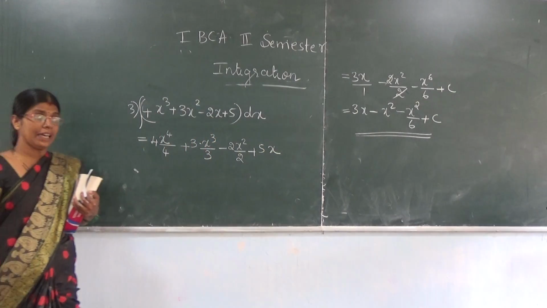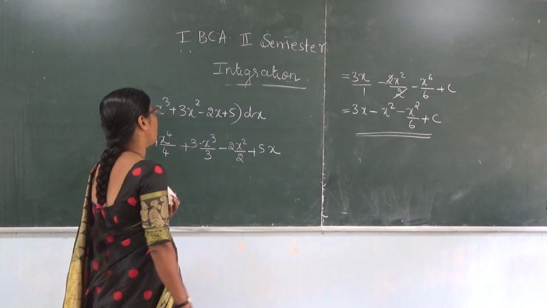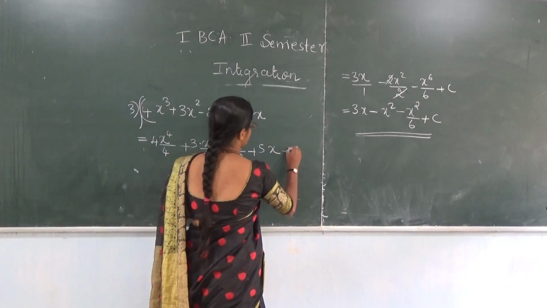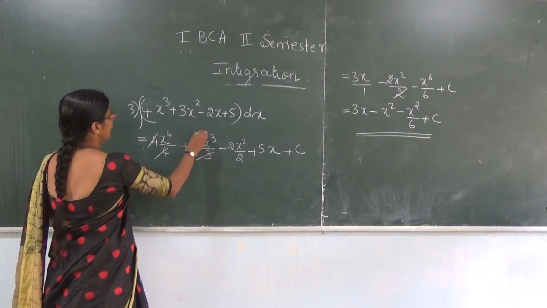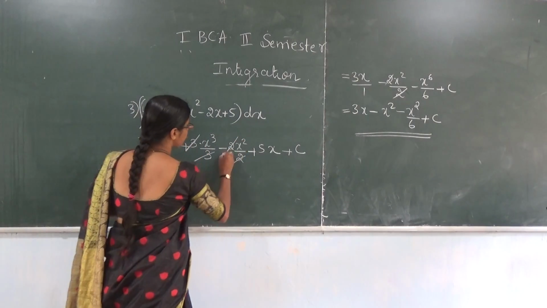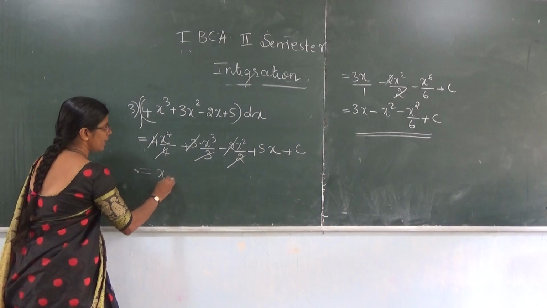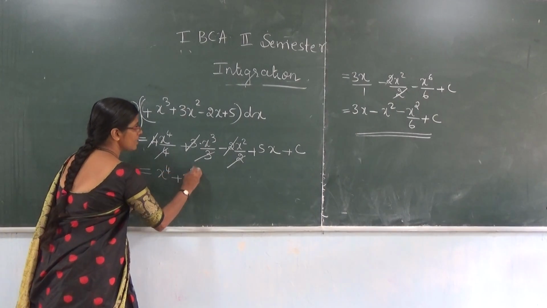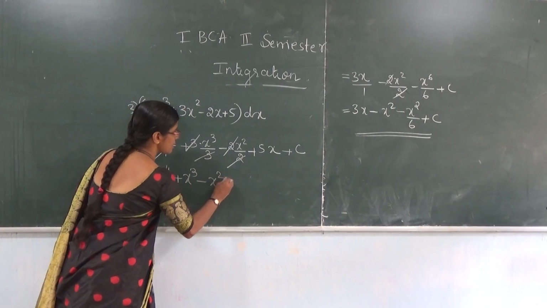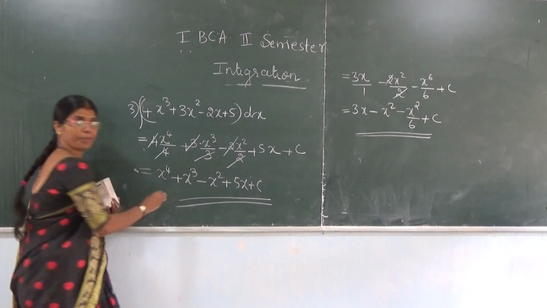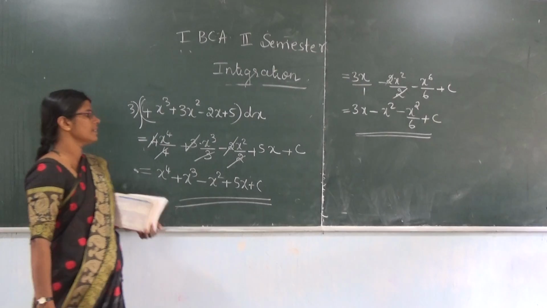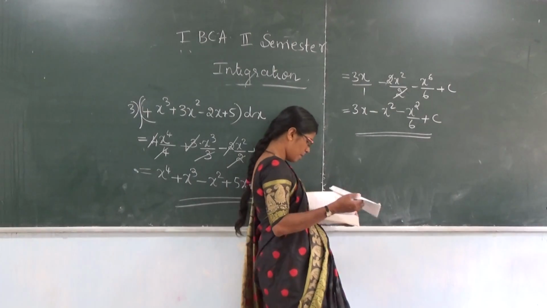There is no x means x to the power 0 and its integral is x. So 4 cancels, here 3 cancels, here 2 cancels. So you are getting x to the power 4 plus x cube minus x square plus 5x plus c. Okay, so this is the next particular problem.